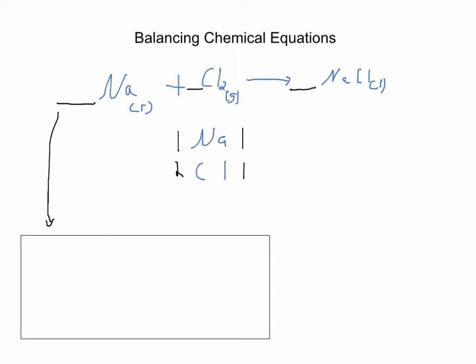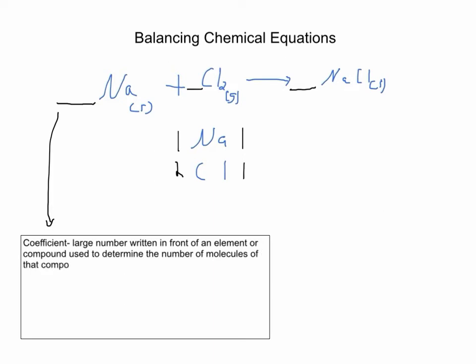So what exactly is a coefficient? Well, a coefficient, just looking at it, is the large number written in front of an element or compound, and it is used to determine the number of molecules of that compound needed for a balanced reaction.